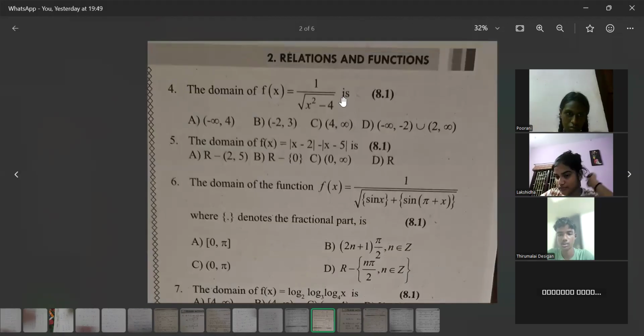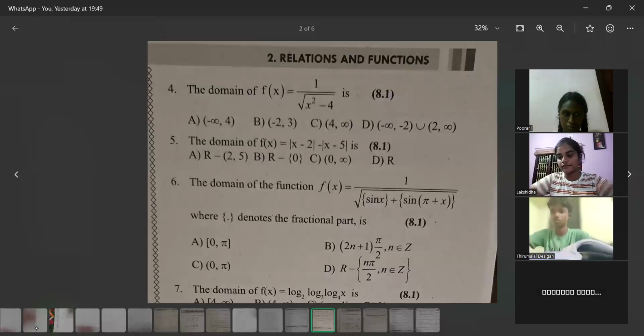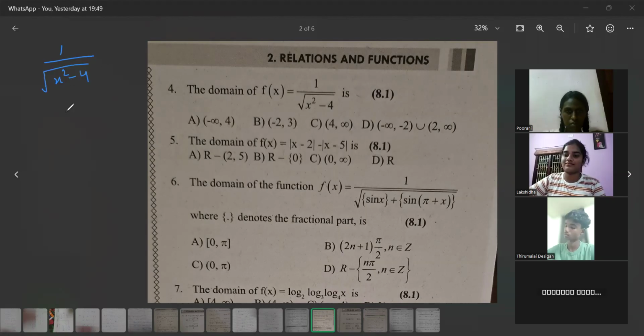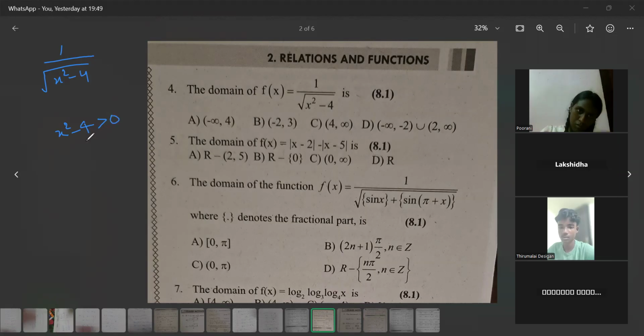This question, domain of this expression, 1 upon root of x square minus 4. Option D. Since the root is given, x square minus 4 should be greater than or equal to 0, but it is written in the denominator, so it should not be equal to 0 also.